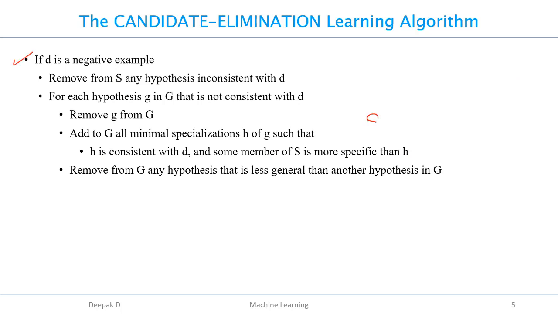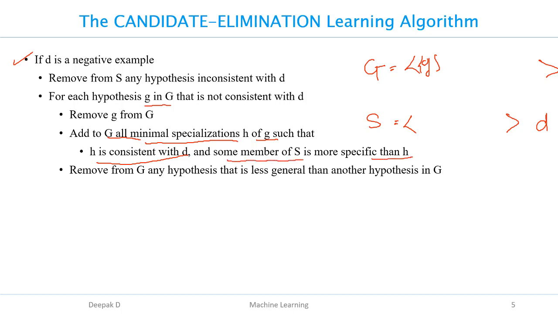You have to remove from S any of the hypotheses which are inconsistent with D. And for each hypothesis in G that is not consistent with D, you have to remove it from G. Not only that, you have to add to G all minimal specializations H of G such that H is consistent with D and some member of S is more specific than H. The last part is to remove from G any hypothesis that is less general than another hypothesis in G. These are the steps of the candidate elimination algorithm.